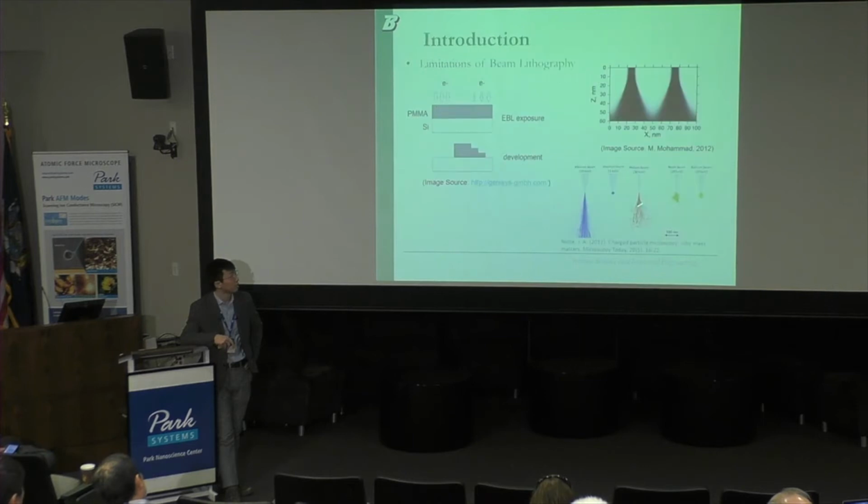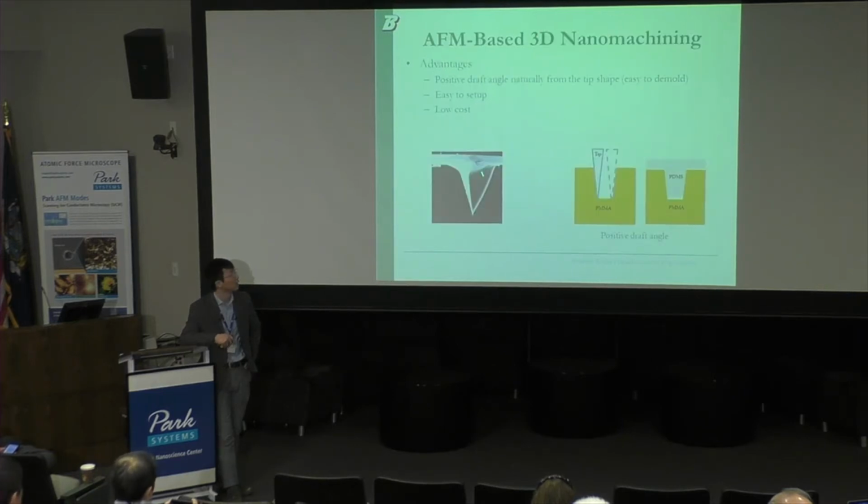That is different from the shape of the electron beam. This is actually the shape we got. So if we do the reverse molding, we have a problem getting the molds out. Okay, so this is another advantage besides the easy setup and low cost. That's why we're trying to work directly with the tiny tip.